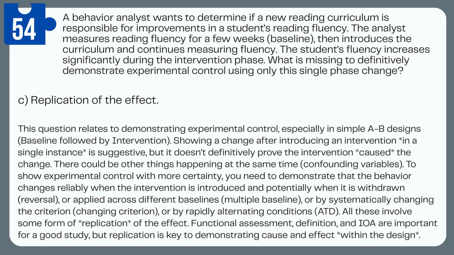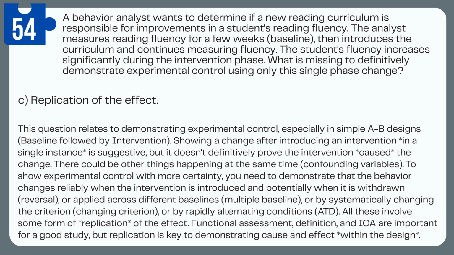To show experimental control with more certainty, you need to demonstrate that the behavior changes reliably when the intervention is introduced and potentially when it is withdrawn, reversal, or applied across different baselines, multiple baseline, or by systematically changing criterion, or by rapidly alternating conditions. All these involve some form of replication of the effect. Functional assessment, definition, and IOA are important for a good study, but replication is key to demonstrating cause and effect within the design.